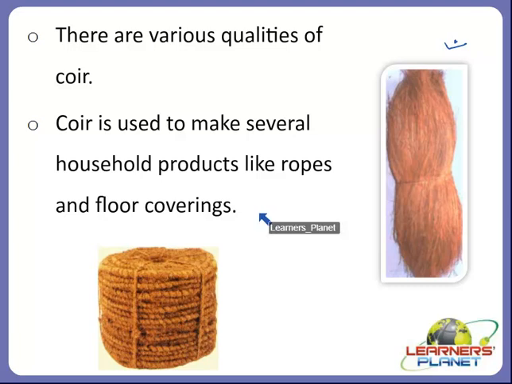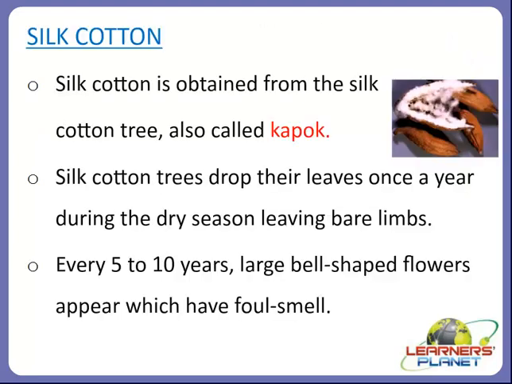And you will be very shocked to know that it produces around 4,50,000 tons annually. So how much coir is produced annually and is exported to many countries, right? So that was all about coir, a very important plant fiber.